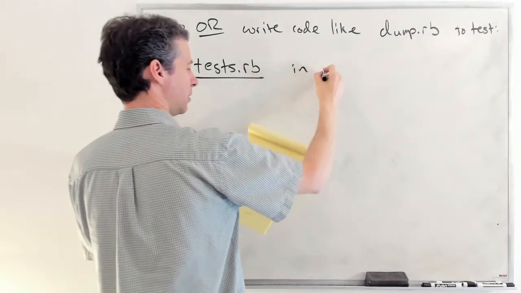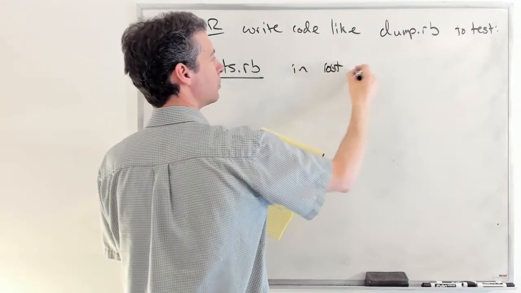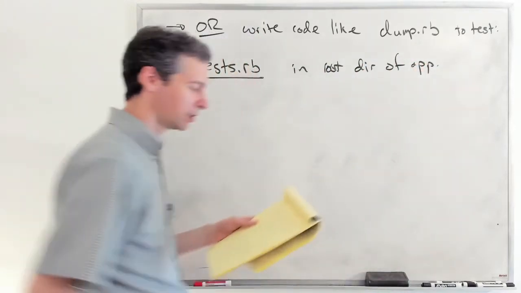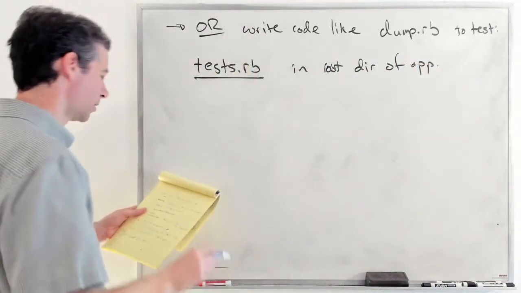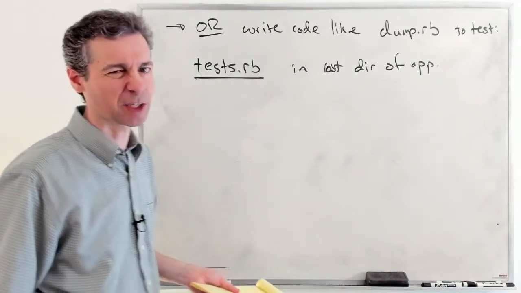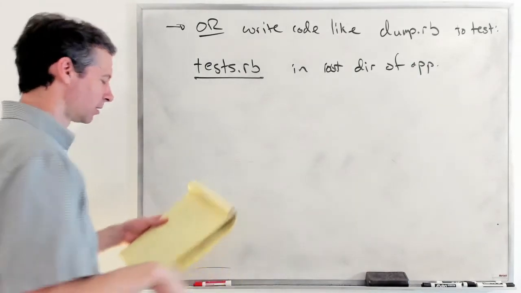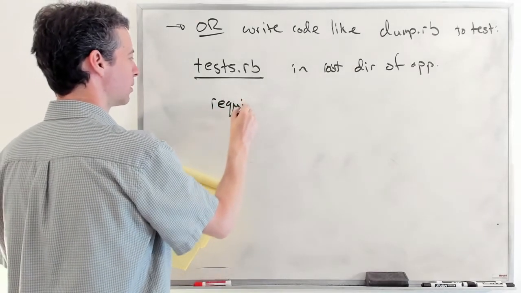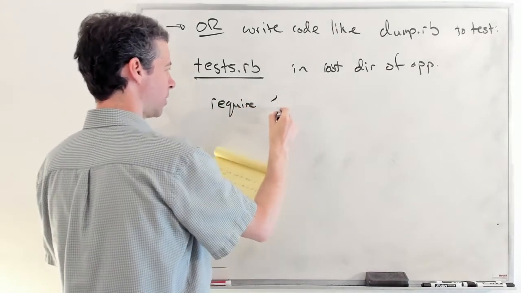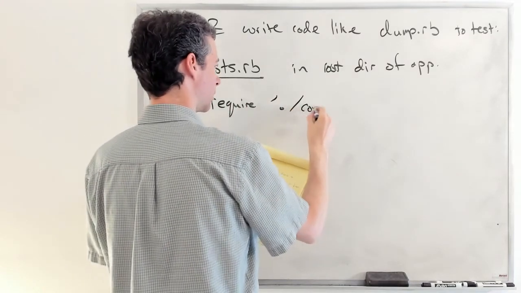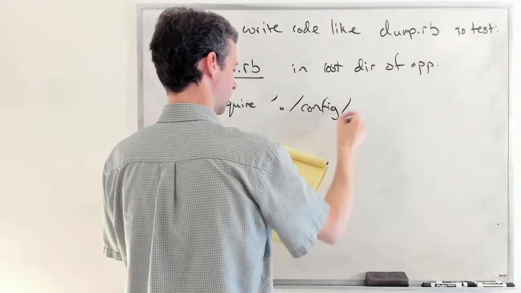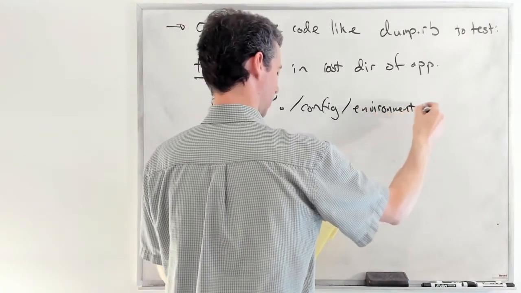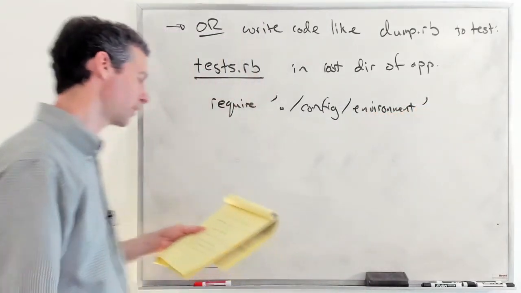You would put this in the root directory of your app, which is the same place where we put the dump.rb. We shouldn't really be writing a bunch of stuff there, but don't worry about it. So again, you need to stick this statement at the top, require config/environment. This is what reads in all of Rails for you so that you have access to everything.